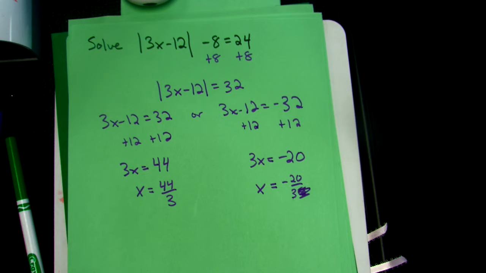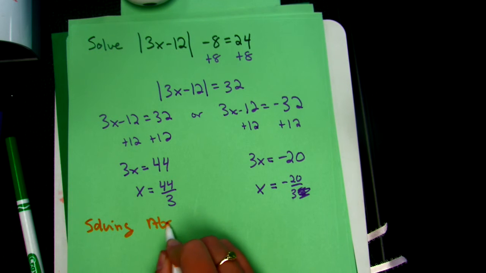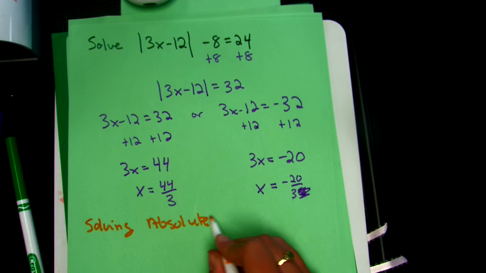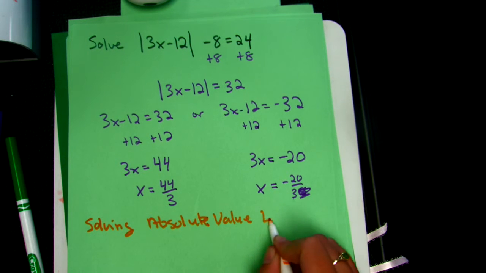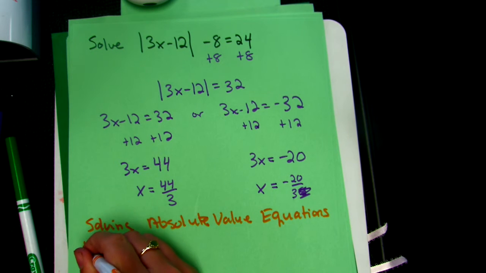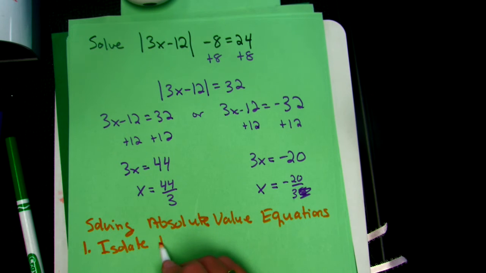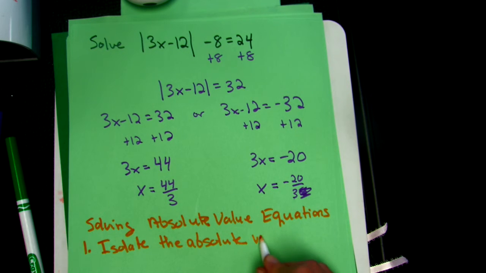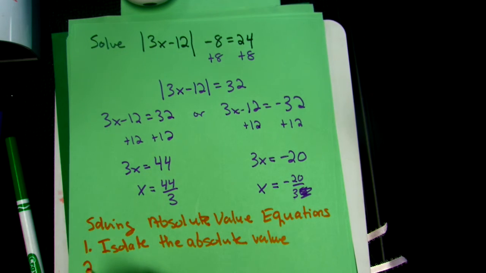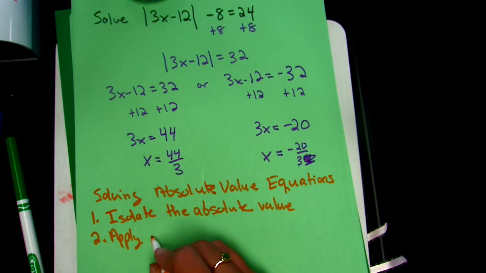So let's just review the steps on solving absolute value equations. So there's 4 of them. Step 1, isolate the absolute value to one side. Then we have step 2.